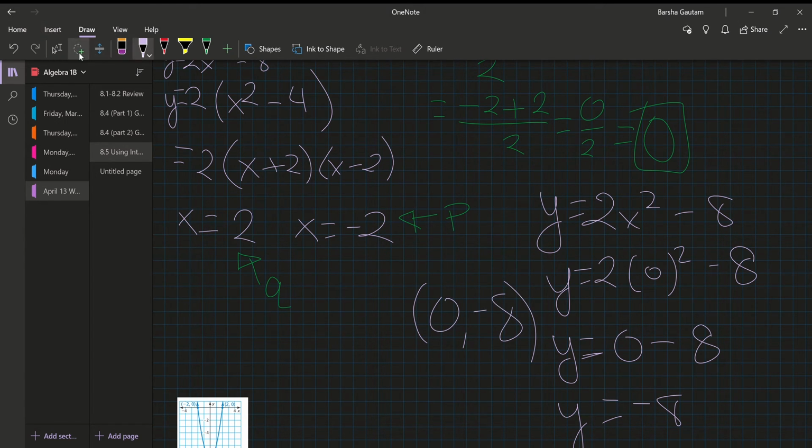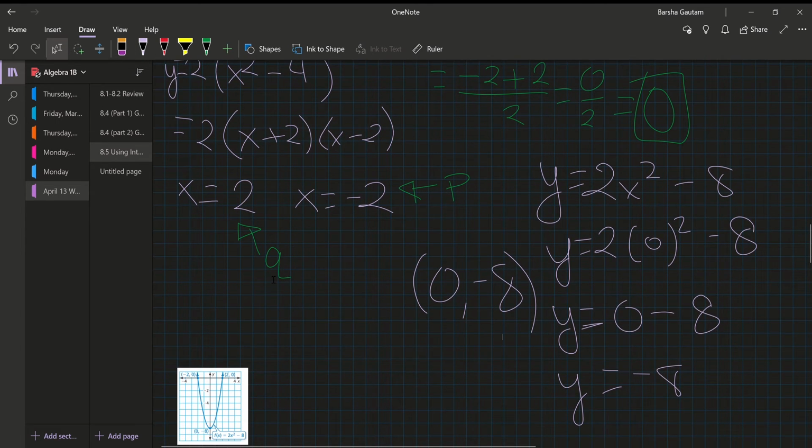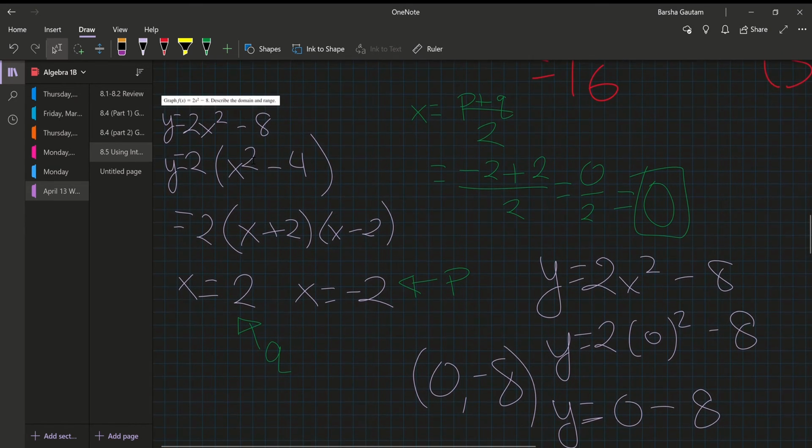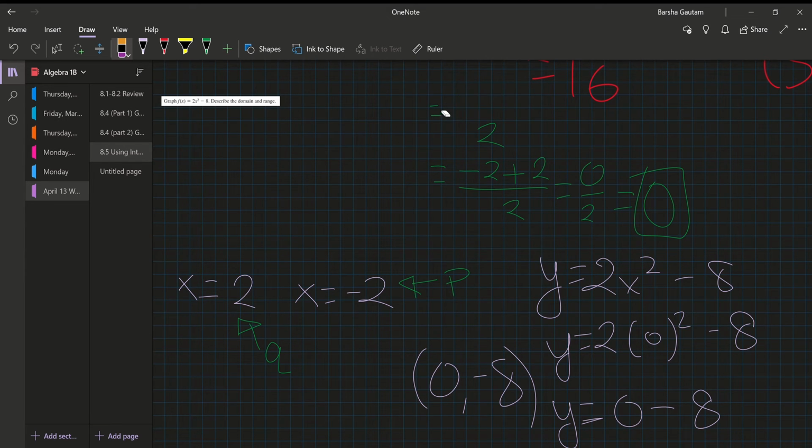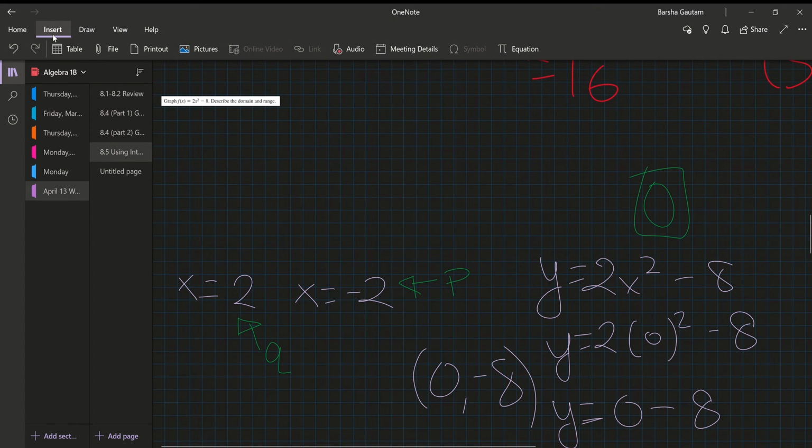Okay. And I'm running out of space here a little bit. Okay, I'm just going to erase a little bit here. Okay, let's make our graph right here.